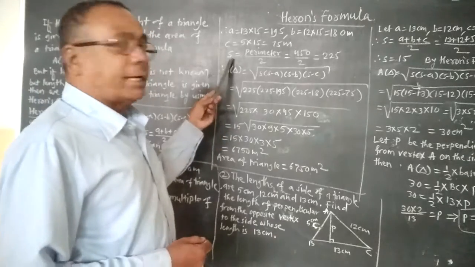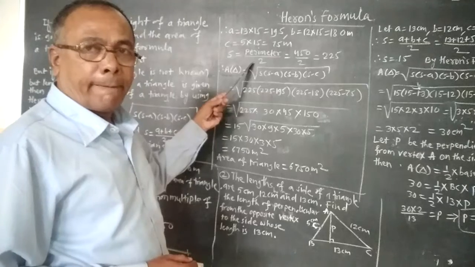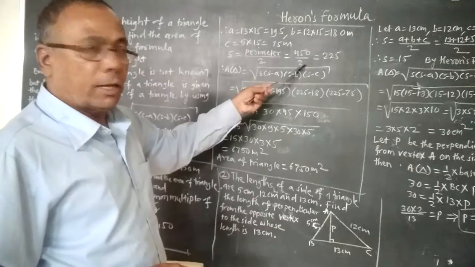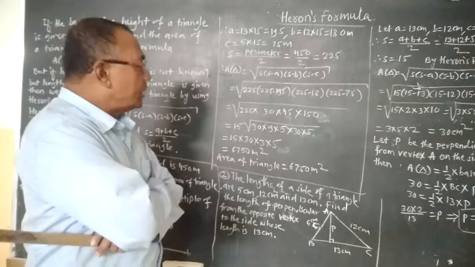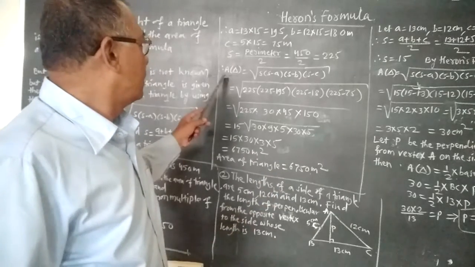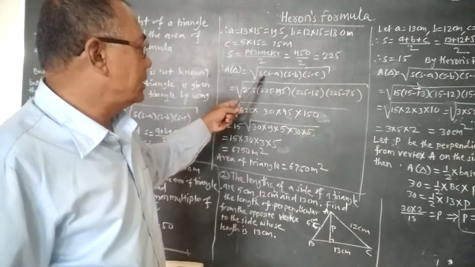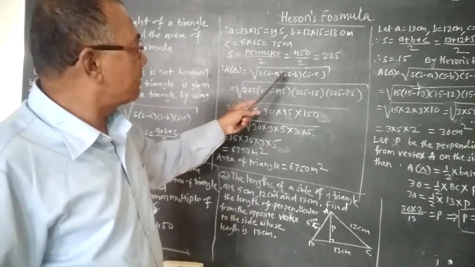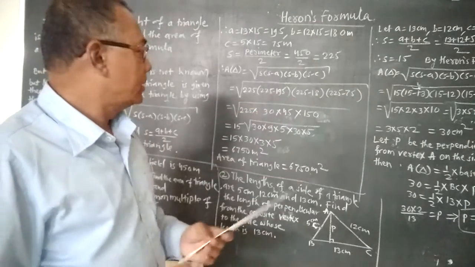Now we know that semi perimeter is equal to perimeter upon 2, and it will be 450 upon 2. We will get the value 225, and therefore by applying Hero's formula we can find area of triangle is equal to under root s into first bracket s minus a into second bracket s minus b into third bracket s minus c.